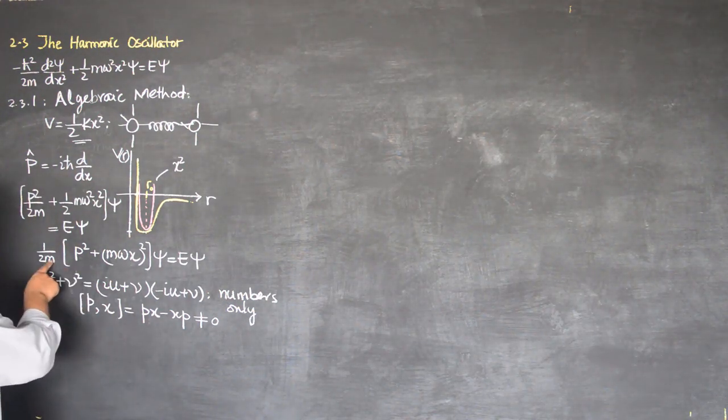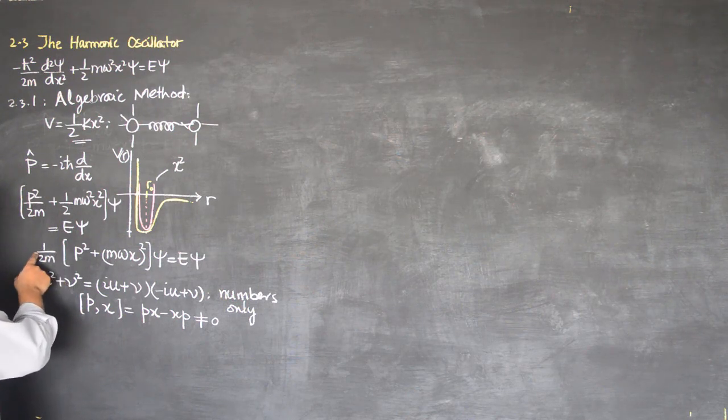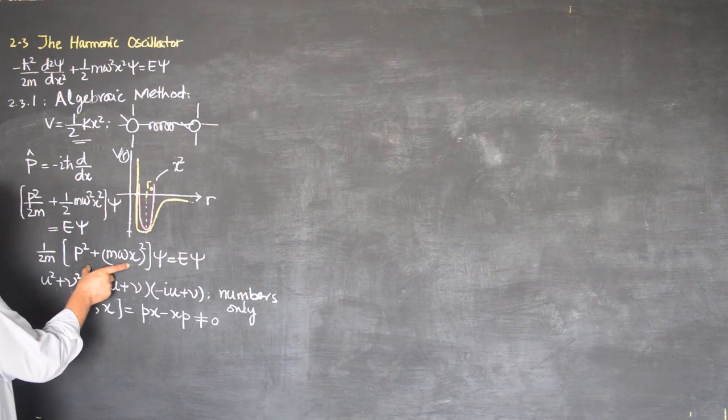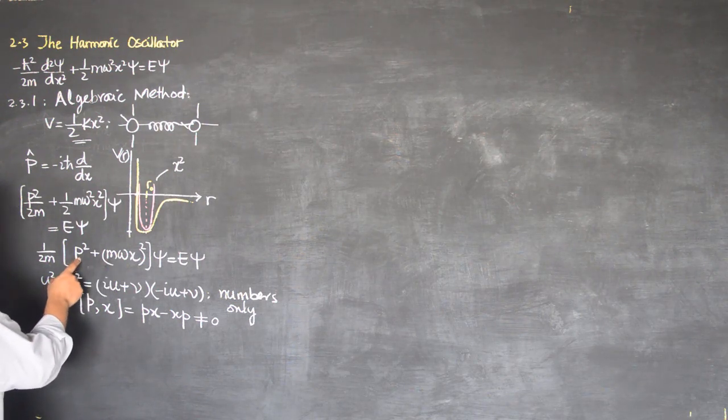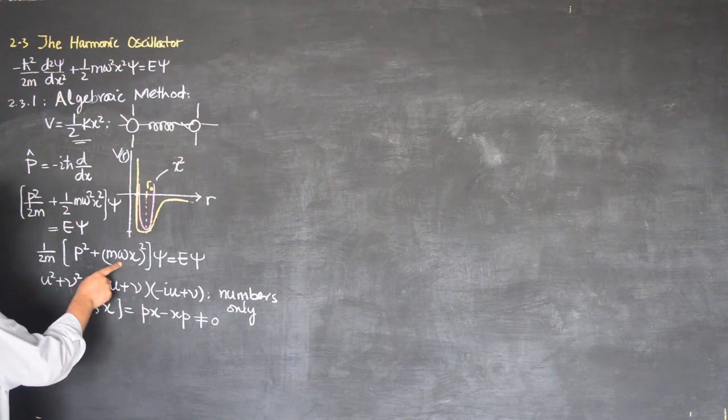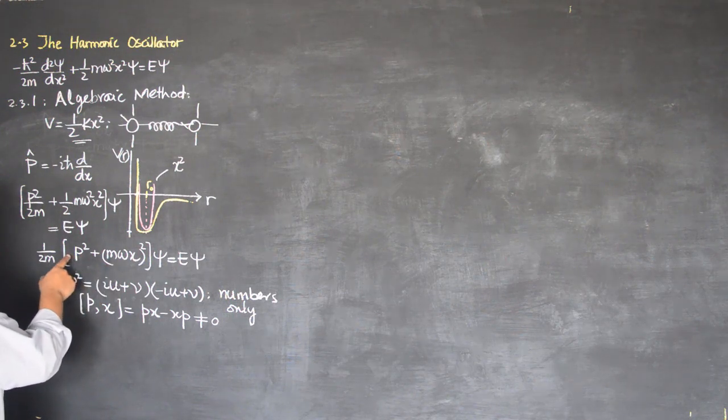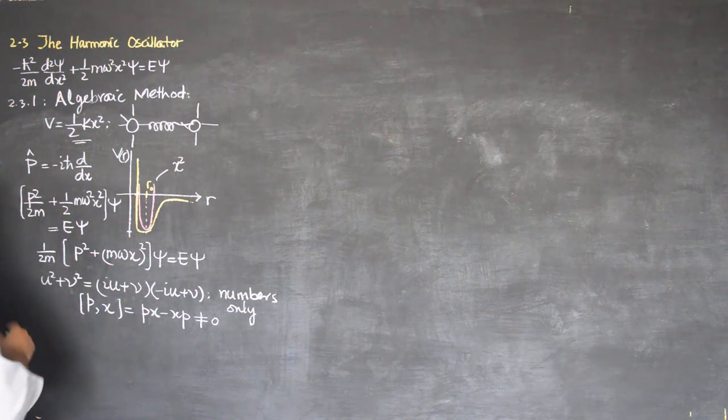Now I can write this one as 1. When I factorize this one, I can write p plus ip plus this one, and minus ip and this one.